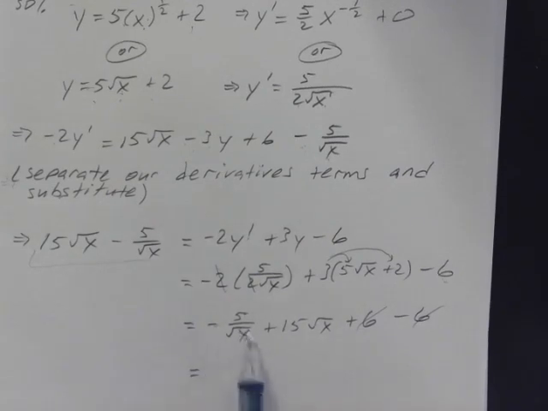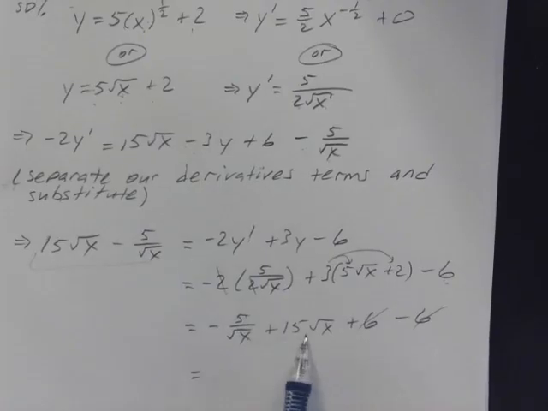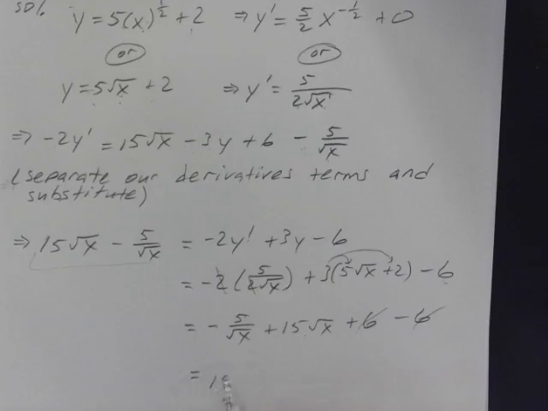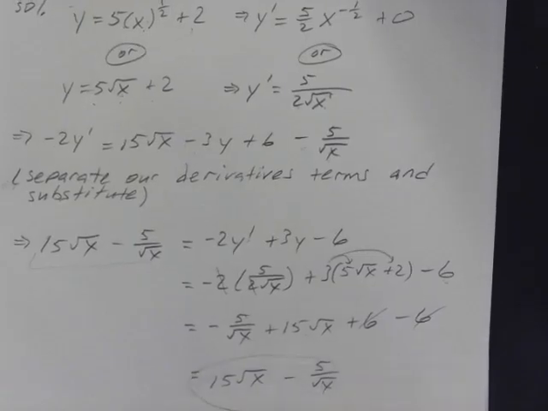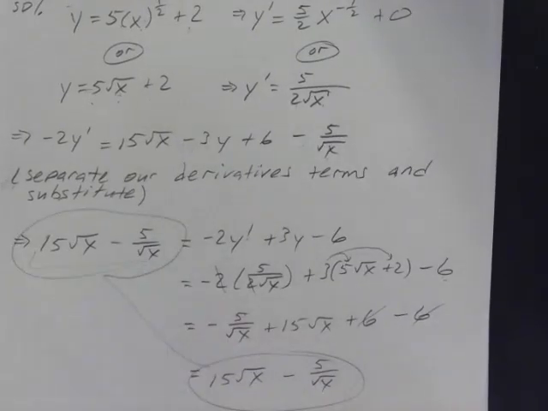So you have negative 5 over square root of x plus 15 square root of x. Or you can switch those around and just say 15 square root of x minus 5 over square root of x, where these two are equal. So again, this is just an option.